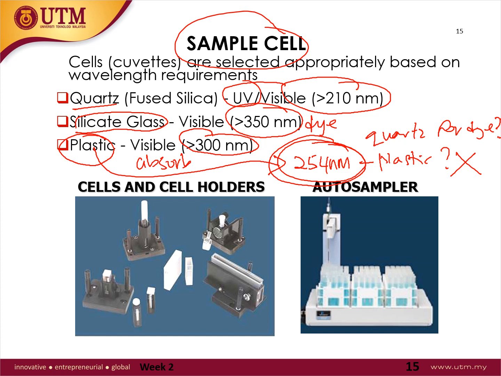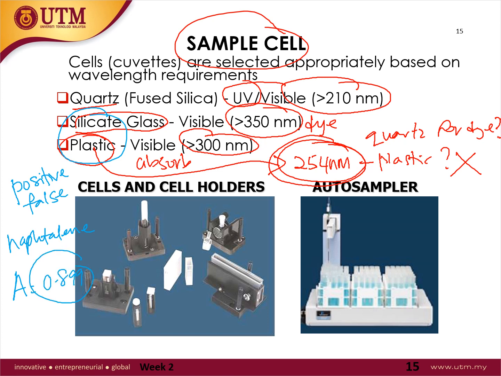What happens if your plastic or glass cuvette absorbs the radiation at that wavelength? It will give you what we call a false positive. For example, if you want to analyze naphthalene, but you use a silicate or plastic cuvette, and then suddenly you get an absorbance of 0.899.